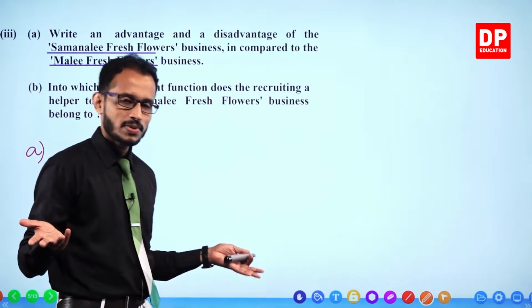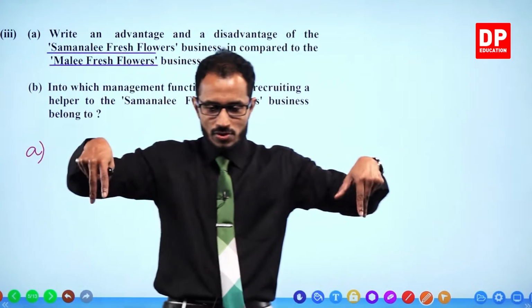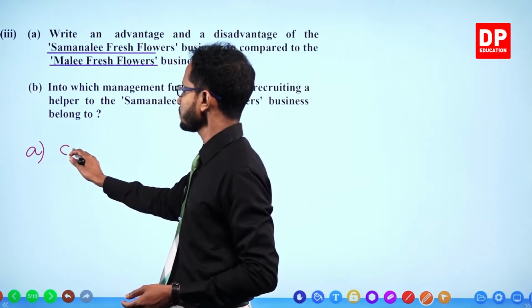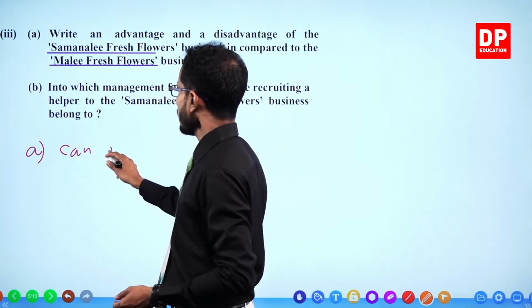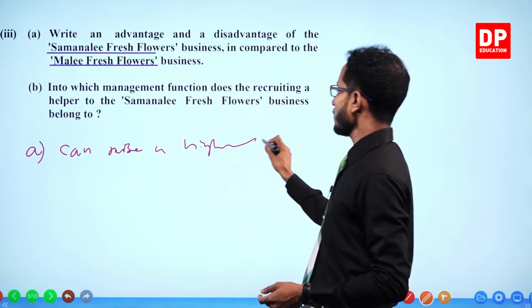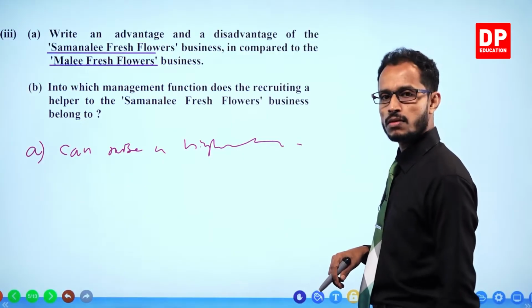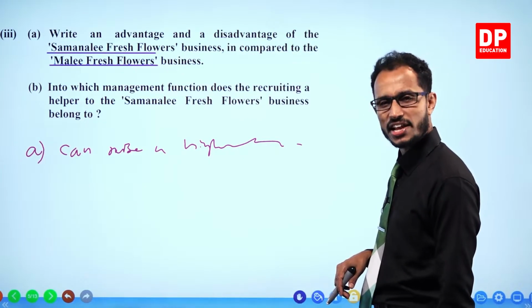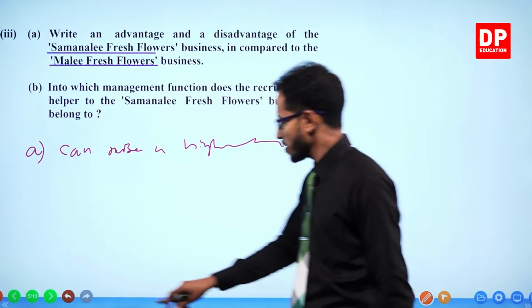But in a partnership, there are many owners to put capital, so can raise a higher capital. Now you are writing the answer just like that. Do you think that's the right way to answer?